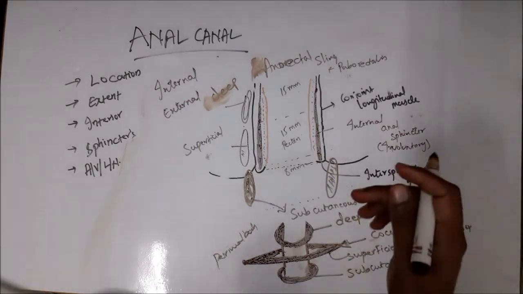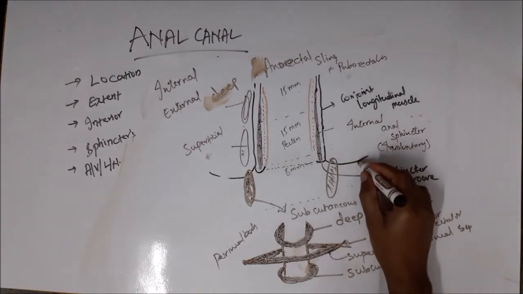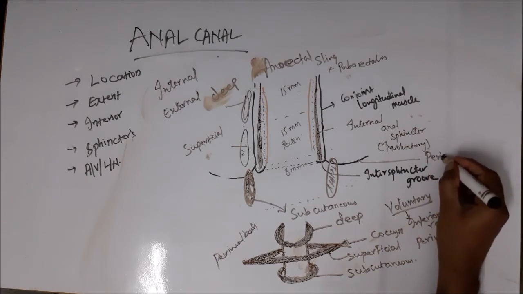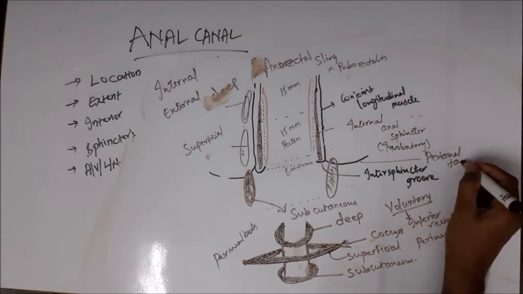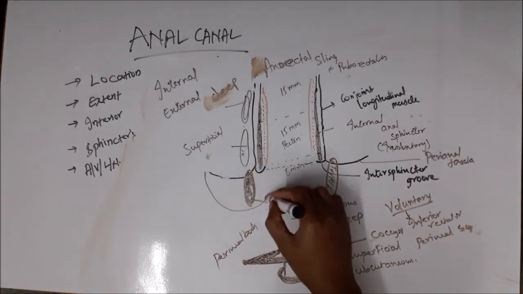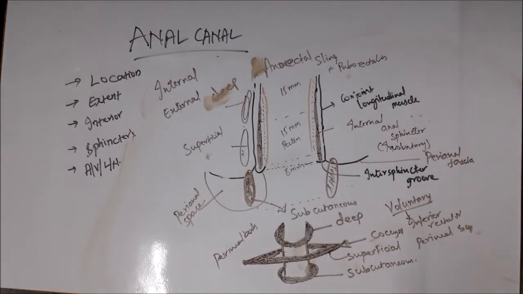Then a revision of this. So this lateralmost fibrous septa is called perianal fascia. So the space between the perianal fascia and the skin is the perianal space. So here we can have three spaces in relation with the anal canal.